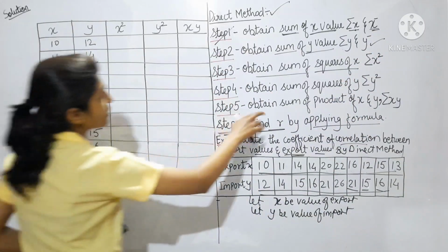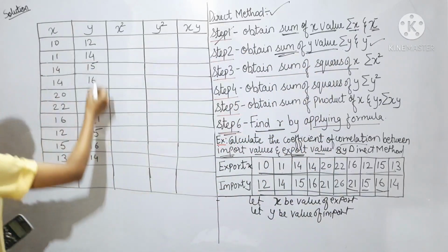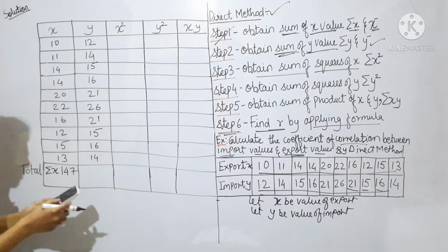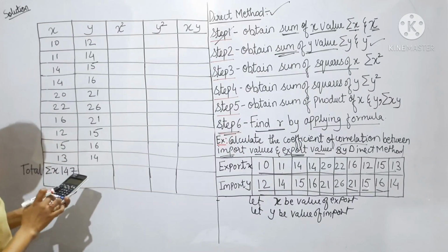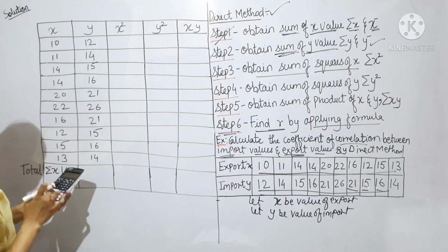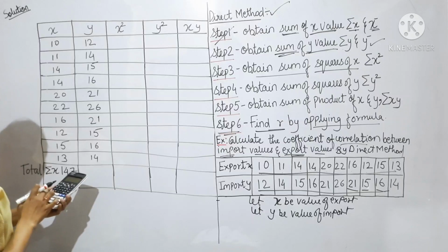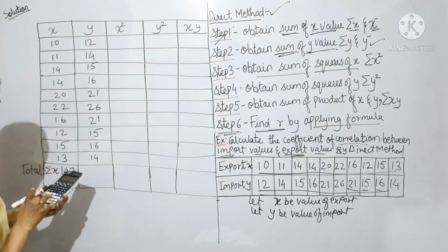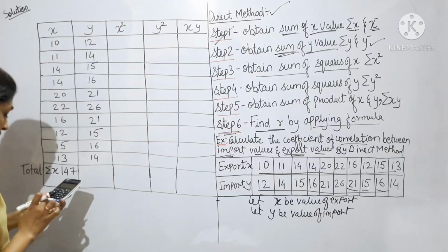Now step number 2: obtain the sum of the values of y. So add all the values of y: 12 plus 14 plus 15 plus 16 plus 21 plus 26 plus 21 plus 15 plus 16 plus 14.